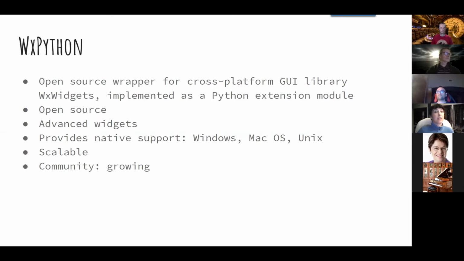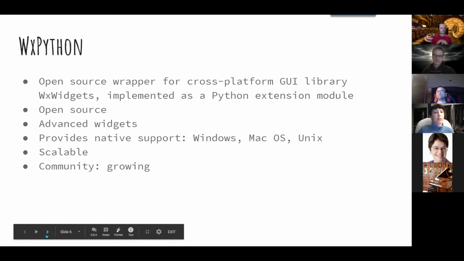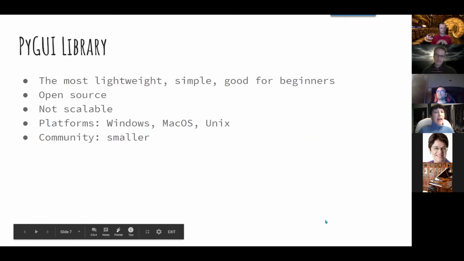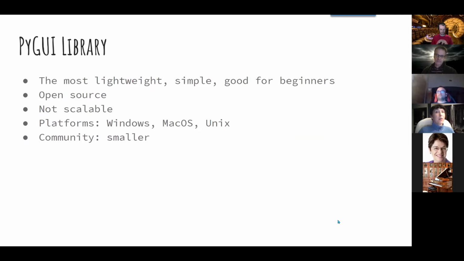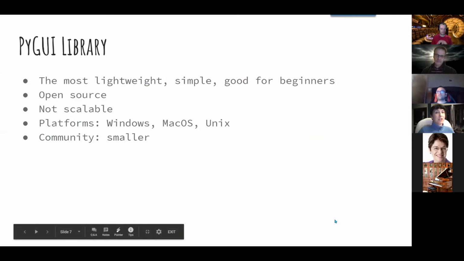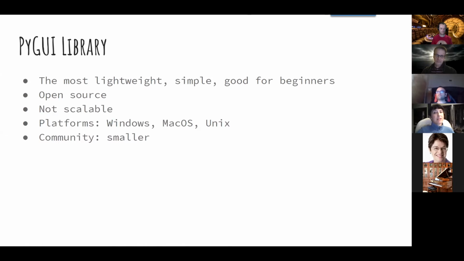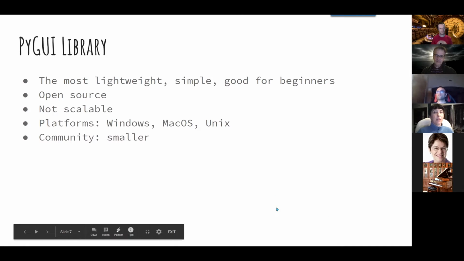It's also scalable and is becoming more popular. And finally, the PyGUI library, which is the most lightweight. It's the simplest, it's the best for beginners, open source, but very much like Tkinter is not scalable. Platforms across the desktop, Windows, Macs, Unix, and the community is a bit smaller.